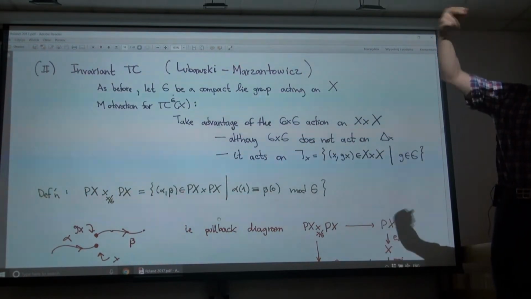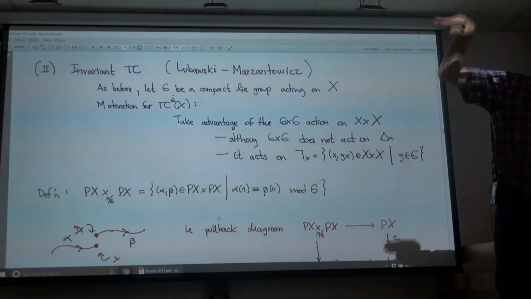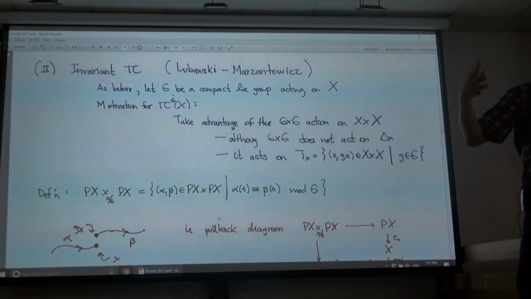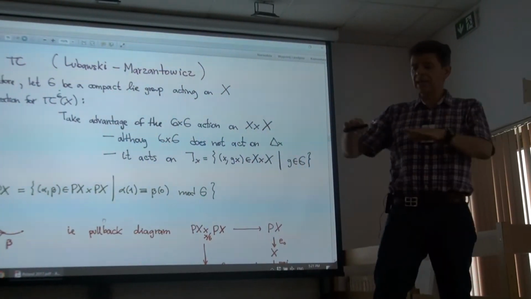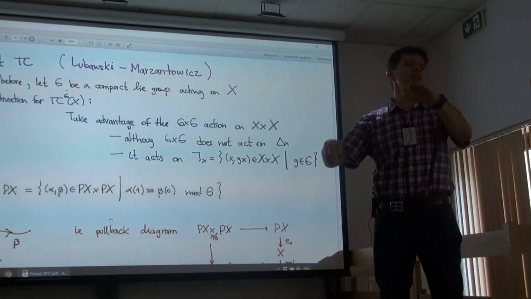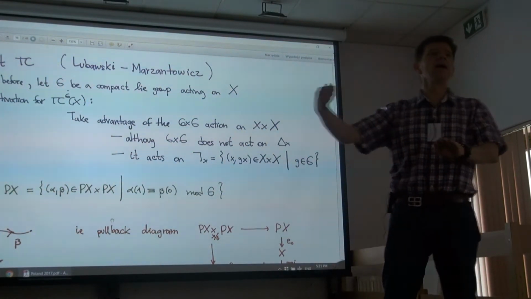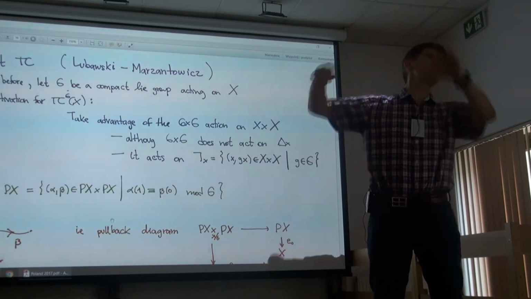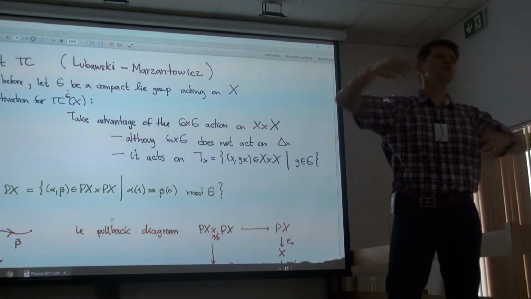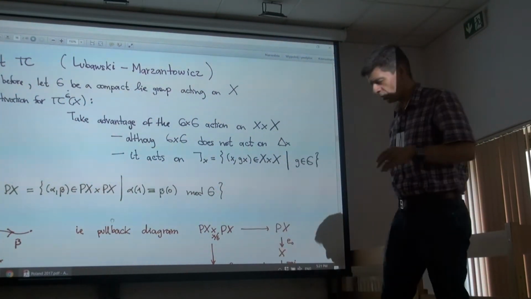You want to move from one orbit to the other orbit, but only by moving by the same g. So the idea when using invariant topological complexity is that you want to have two copies of G, g1 and g2, acting on both x and y. And if I know how to plan the motion from x to y, I should already know how to plan the motion from any point in the orbit of x to any point in the orbit of y.